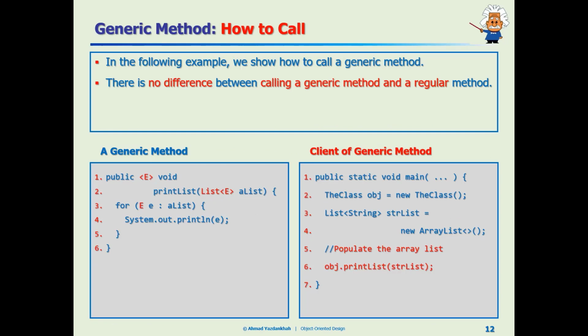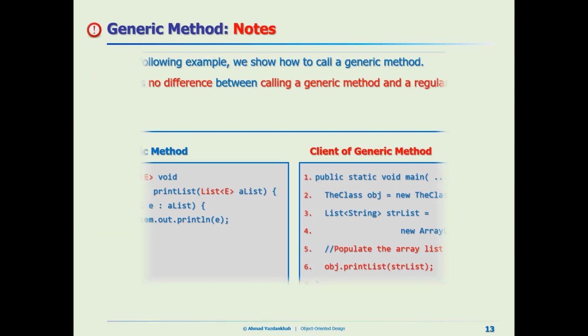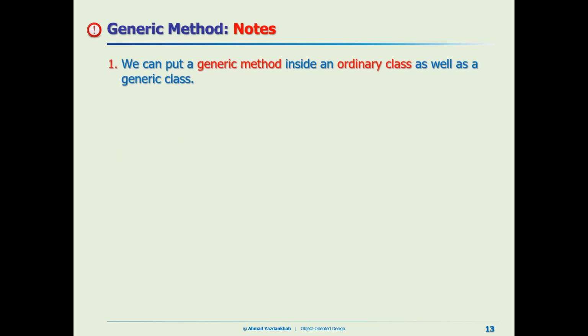Now let me give you some points about generic methods. We can define a generic method inside a regular class, as I just showed you, or inside a generic class, which I will show you in a few minutes.